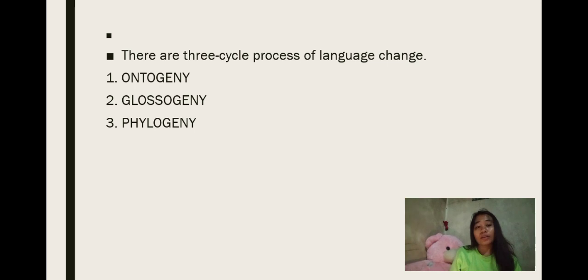This is the three-cycle process of language change. First, ontogeny, which is the development of an individual organism. Second is glossogeny, the development through historical time.